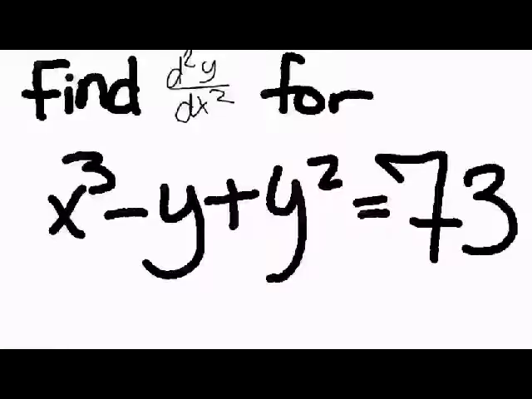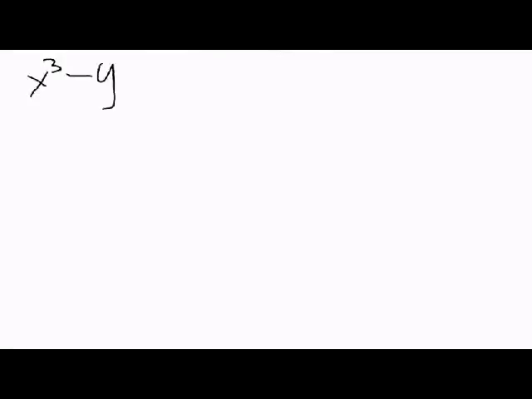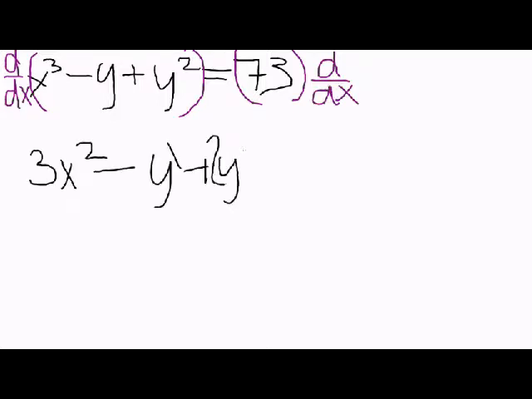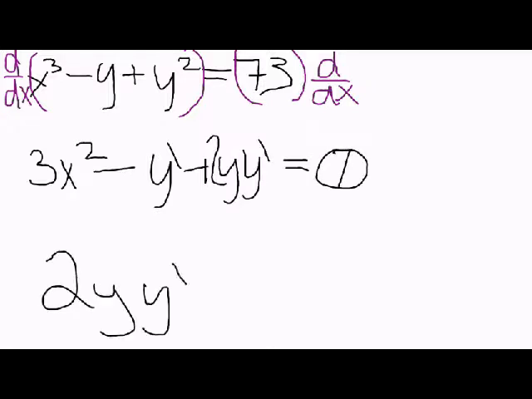For the final example, we must use implicit differentiation in order to find the second derivative of x cubed minus y plus y squared equals 73. In order to do this, we must take the derivative of both sides with respect to x, but when we take the derivative of the y variables, we must have them also with respect to x, but since they are not x values, we multiply them by y prime to keep them with respect to x.